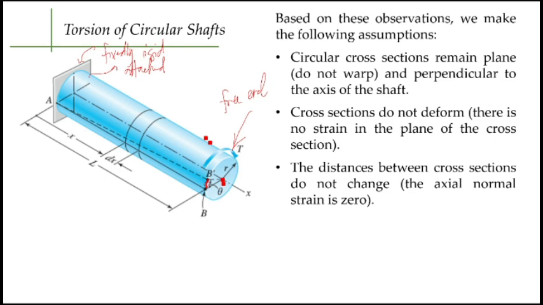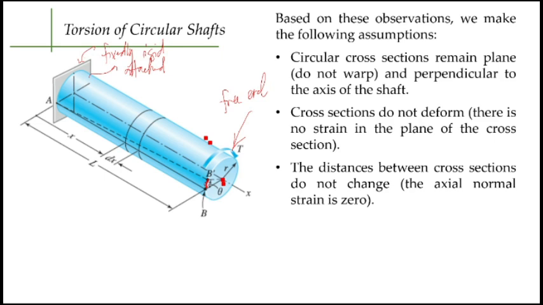But the thing is, if we really have to consider the shortening or the warping of the material when we apply that twisting force, it will be very difficult to quantify. That is why, in order to derive the equations of torque, we really have to consider some assumptions.